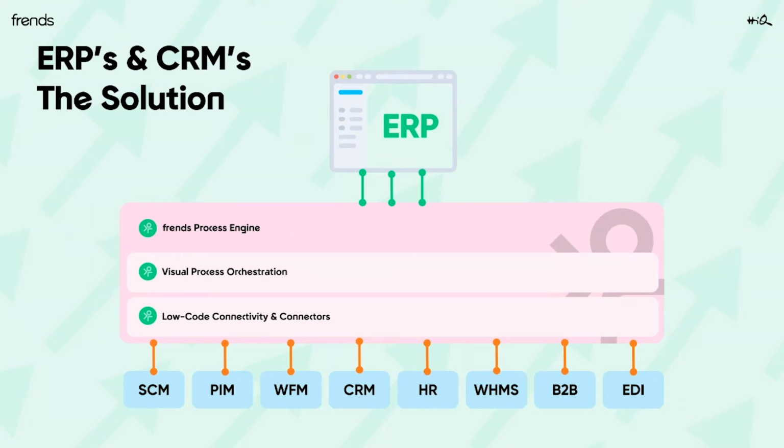We can usually get by with less than half the number of integrations, because the integration platform is architected in a way that allows us to reuse components and functionality across all the different needs and dependencies that we have in place.